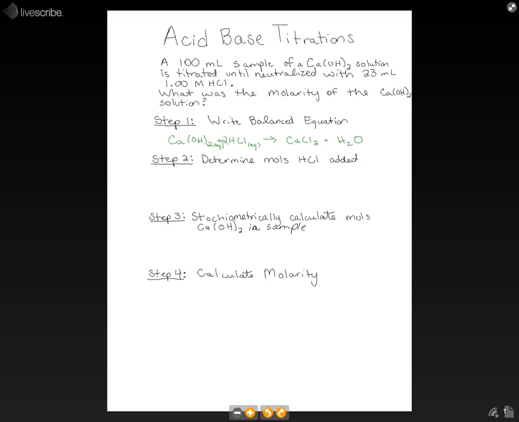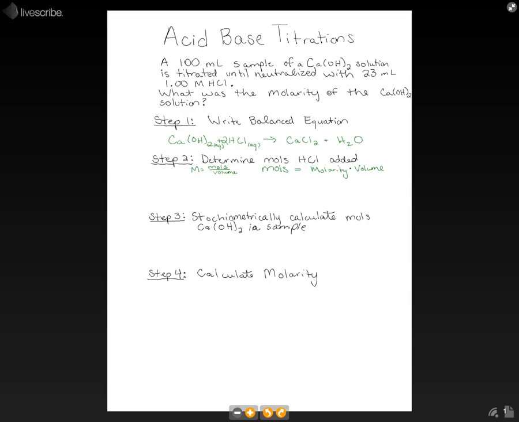So now our next step is we need to determine the number of moles of HCl added. To do that, we know molarity equals moles divided by volume, and therefore the number of moles is going to equal the molarity times the volume.